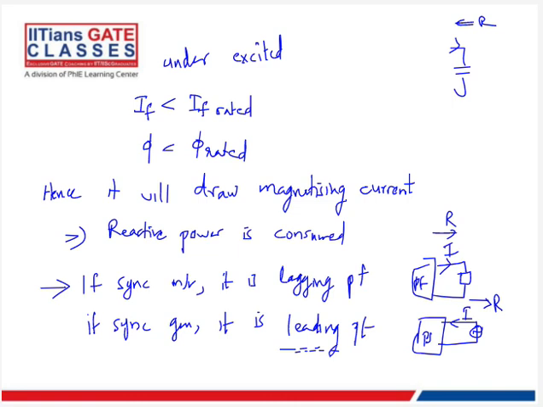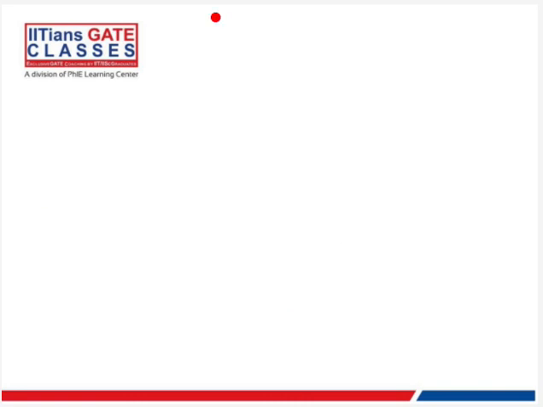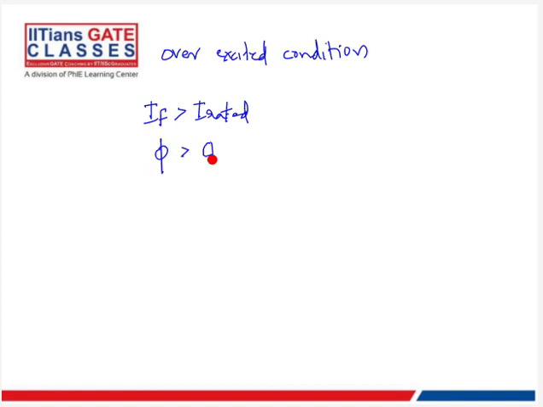Now let's look at the overexcited condition. What is happening in the overexcited condition? IF is greater than rated, so phi will be greater than rated, right?